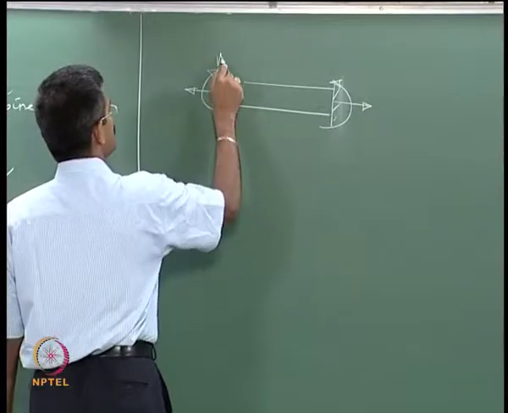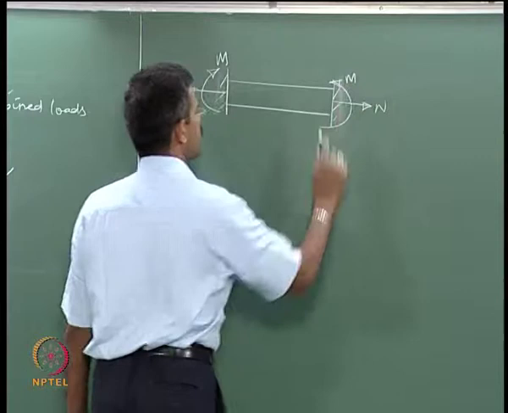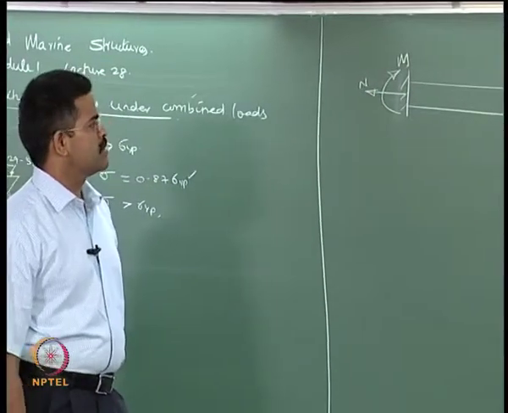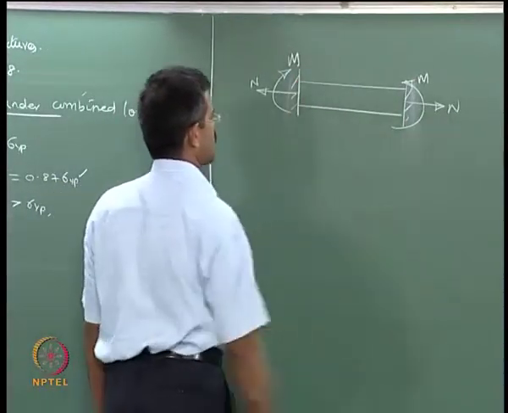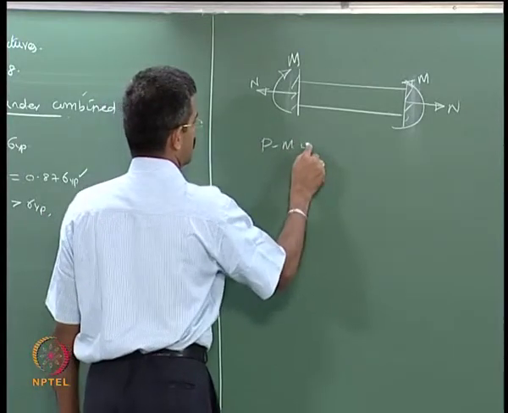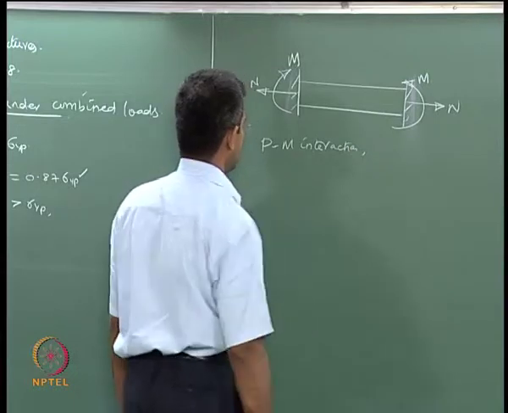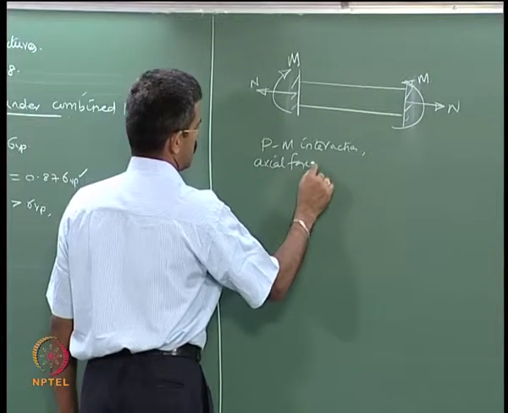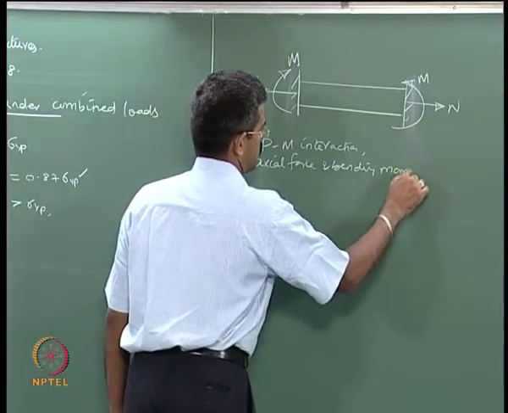I can call this M and this N. There will of course be a variation between these ends. Let us say the moment and axial force are acting; you will see that the PM interaction, that is the interaction between the axial force and the bending moment, is very crucial.